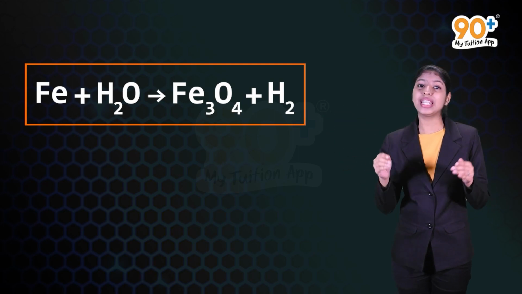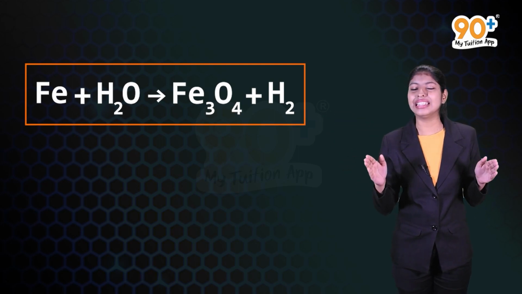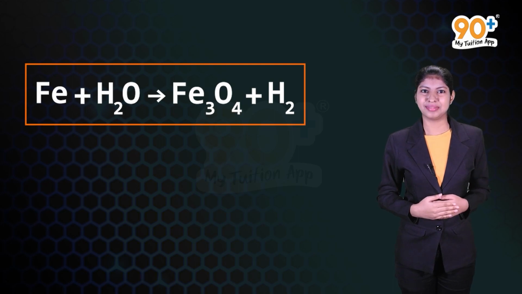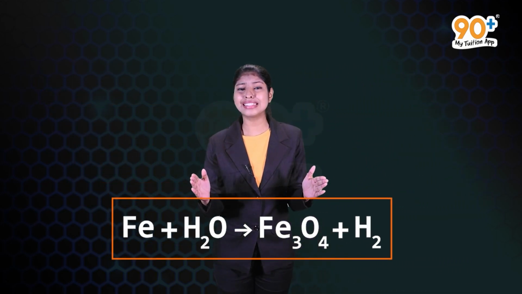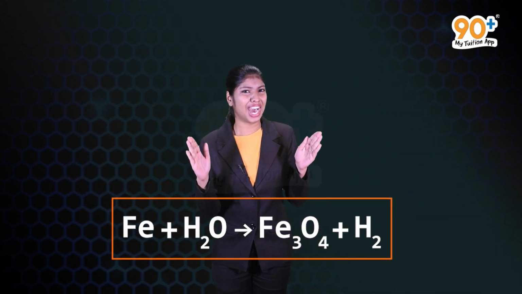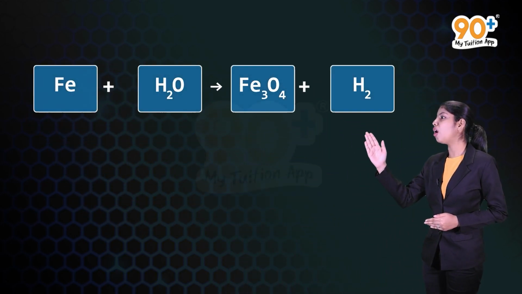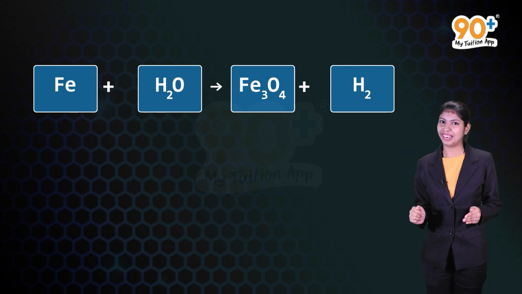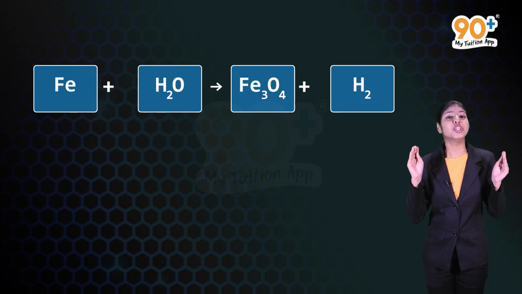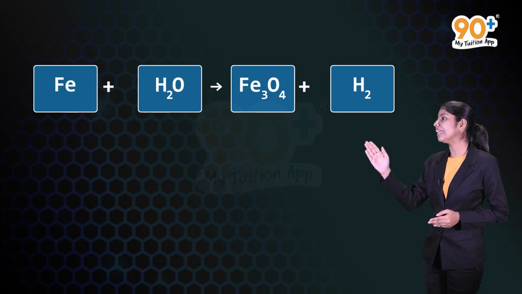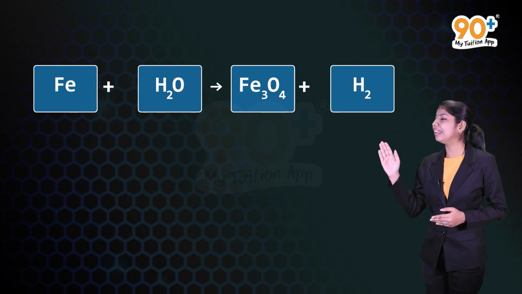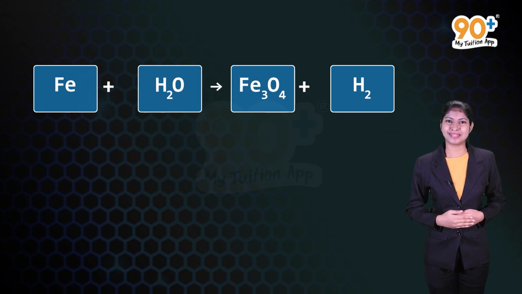So this is an unbalanced equation. So let's balance this chemical equation. Are you ready? Alright. First, we can draw boxes around each formula. Keep in mind that you should not change anything inside the boxes while balancing the equation.